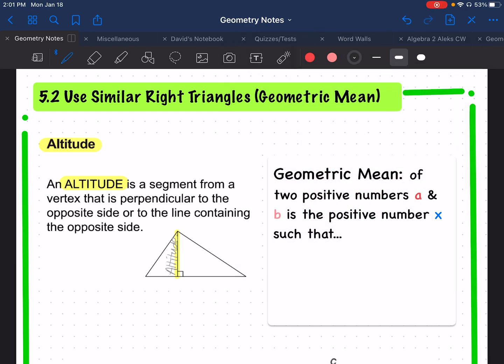All right, let's go ahead and talk about our geometric mean. The geometric mean of two positive numbers, let's call them A and B, is the positive number x such that I can create this ratio.